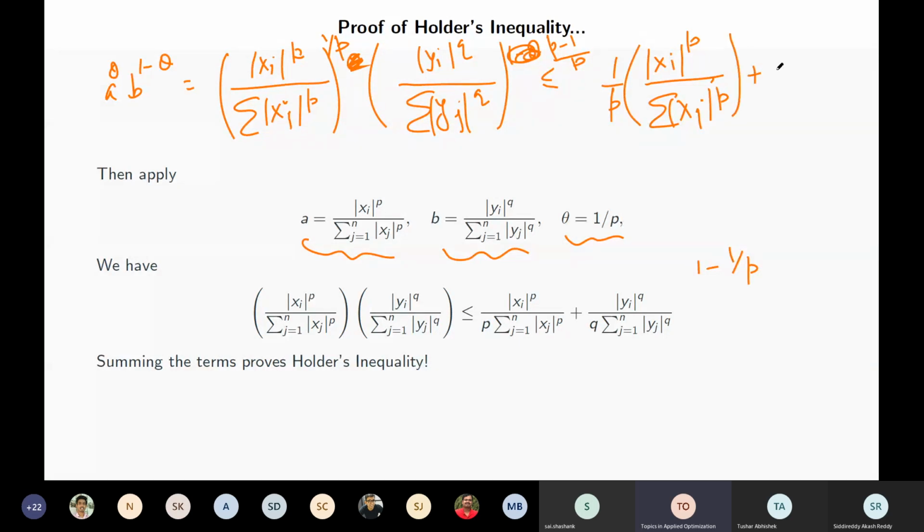Theta a plus 1 minus theta, so it's p minus 1 by p. So what do we have now? Does it boil down to this? Let's see.